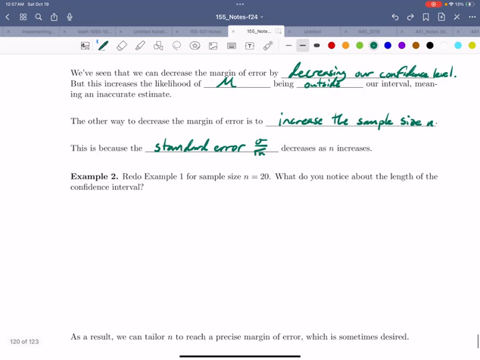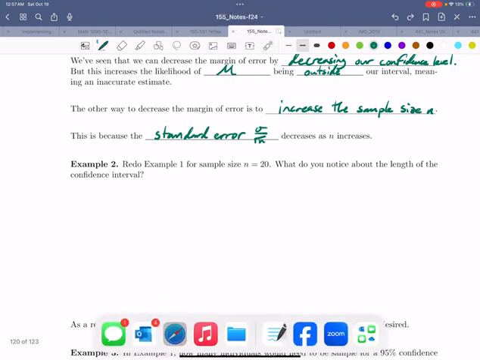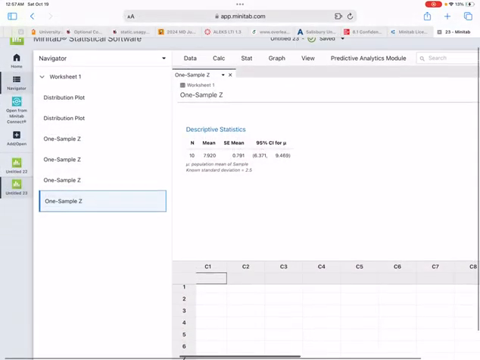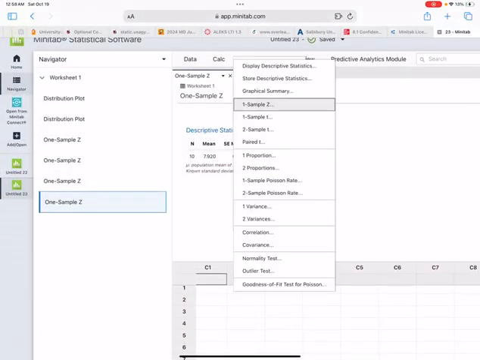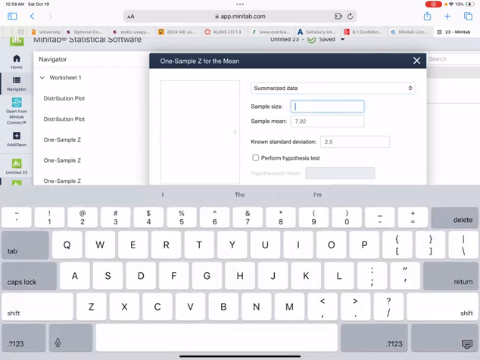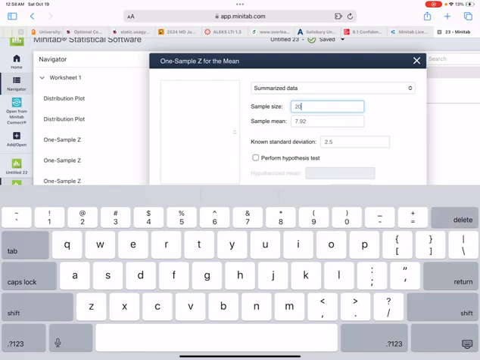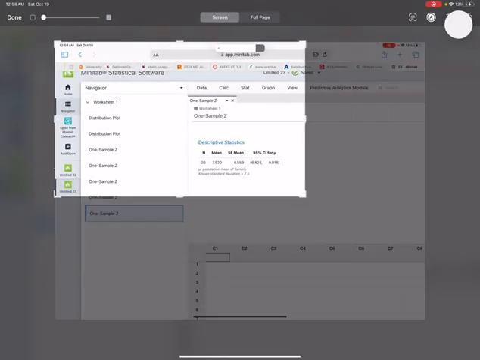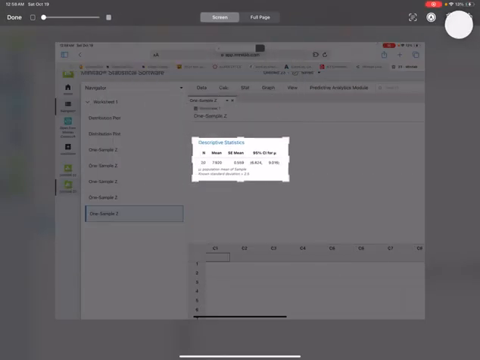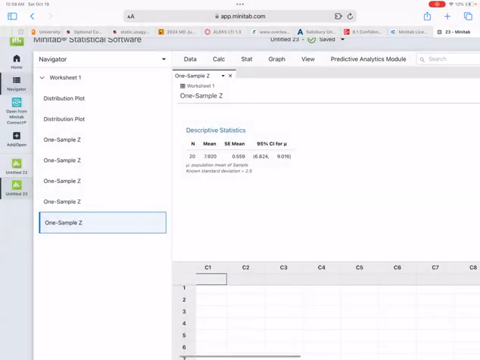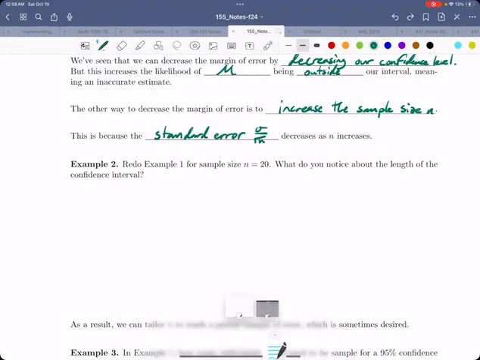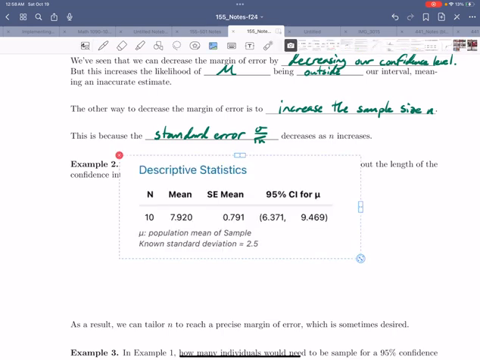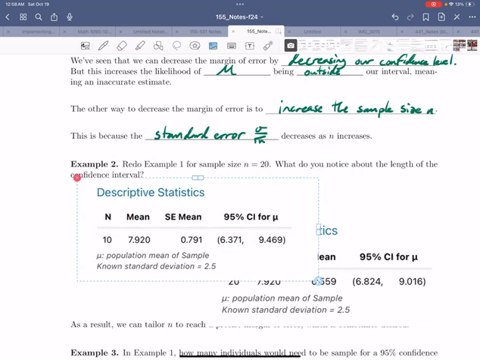So if you redo example 1 for sample size n equals 20, look at the length of the confidence interval. Right? Basic stats, one sample z, and let's make this 20 instead. Okay, we get another confidence interval. I will screenshot this, and we'll compare it side by side with the one we previously got. Right? We're just going to see the lengths of the intervals. Right, so this was n equals 10.